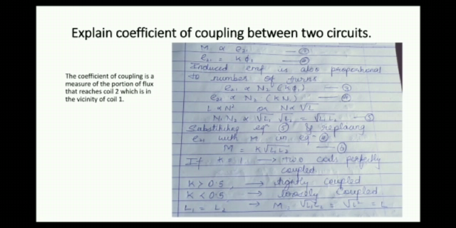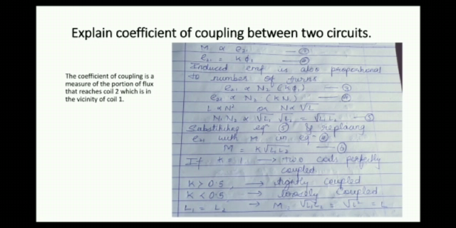Also, L is directly proportional to N square, or N is directly proportional to under root of L. N1 into N2 is directly proportional to under root of L1 into L2, termed as equation 5. Now, if we substitute equation 5 in equation 4, replacing E21 with M, we have M equals K under root of L1 L2, that is equation number 6, where K is the coefficient of coupling, which is usually less than unity.